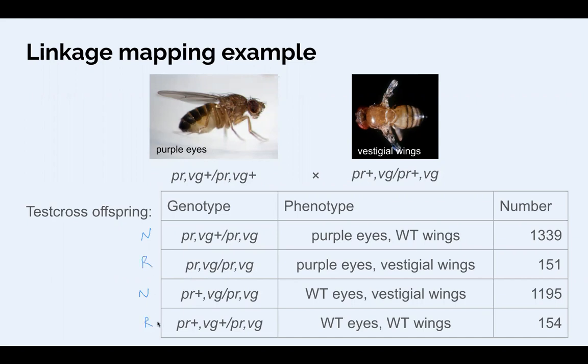I'll be honest, based on something we'll see in a couple slides from now, you can check yourself and say that the non-recombinant, if anything, is disproportionately large. The larger category should be the non-recombinant. I think this is a reliable thing we can expect. So we have in this example, with made-up numbers by me, a much smaller number of these kinds of outcomes, and that's because they result from crossing over.